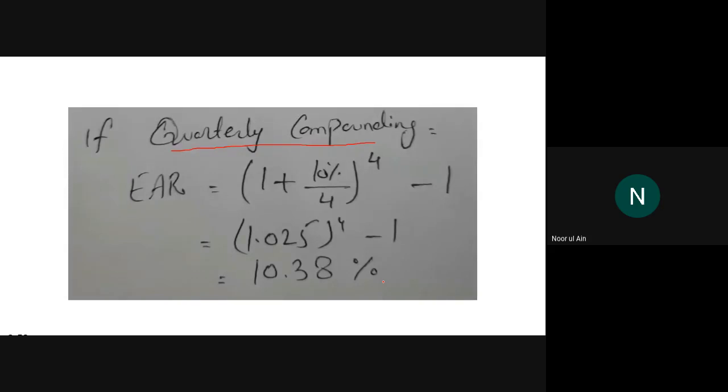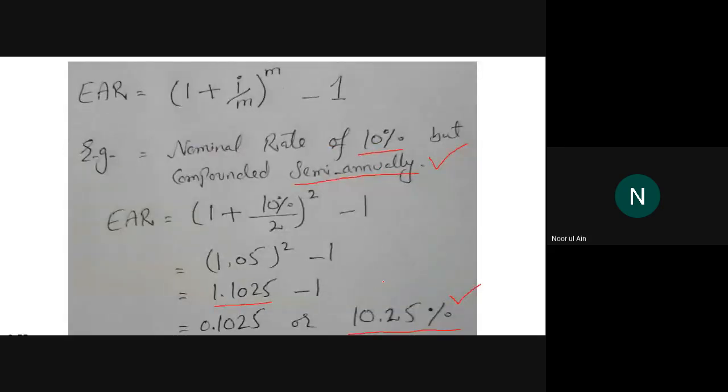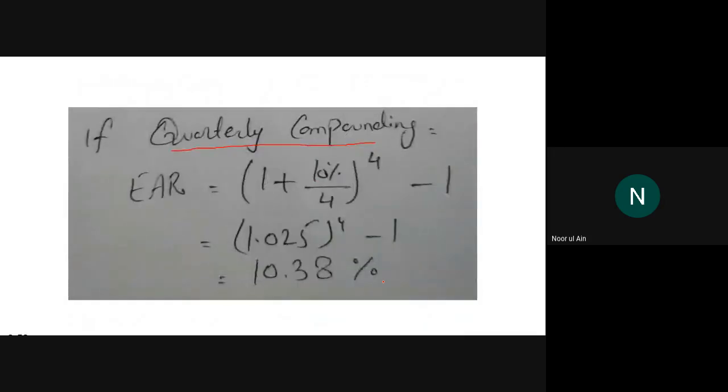So you can see that as the number of compoundings in a year increases, for semi-annual it increased from 10 to 10.25, and for quarterly it increased even more, from 10.25 to 10.38%. So the more compoundings in a year, the higher this effective rate, and this effective rate represents that your value will increase even more.